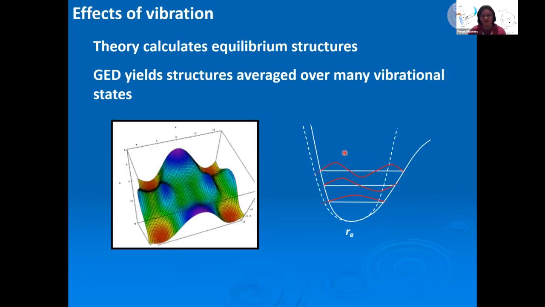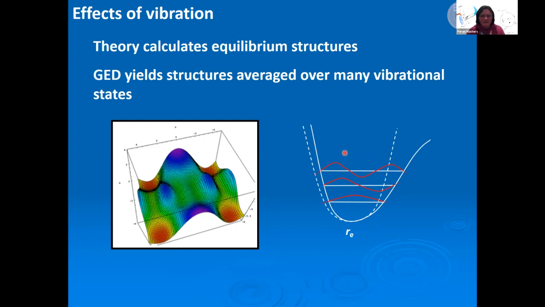And so this leads into a discussion around vibration and the effects of vibration on gas phase data, particularly at slightly higher temperatures. When we do our theory calculations, we're calculating an equilibrium structure. But what we obtain from electron diffraction are structures which are averaged over many vibrational states. So it's not just that equilibrium structure, there's a whole load of structures in there.